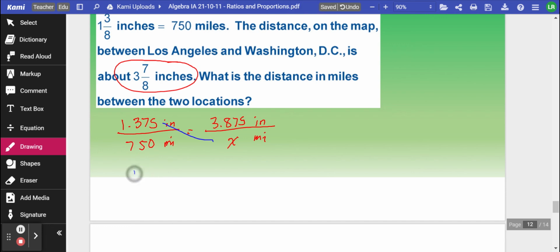1.375 multiplied to x is 1.375x. And 750 times 3.875 is going to be 2,906.25. Divide both sides by 1.375.